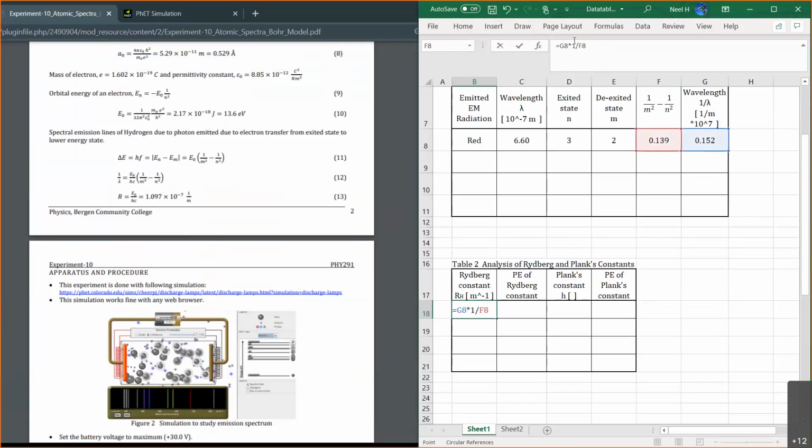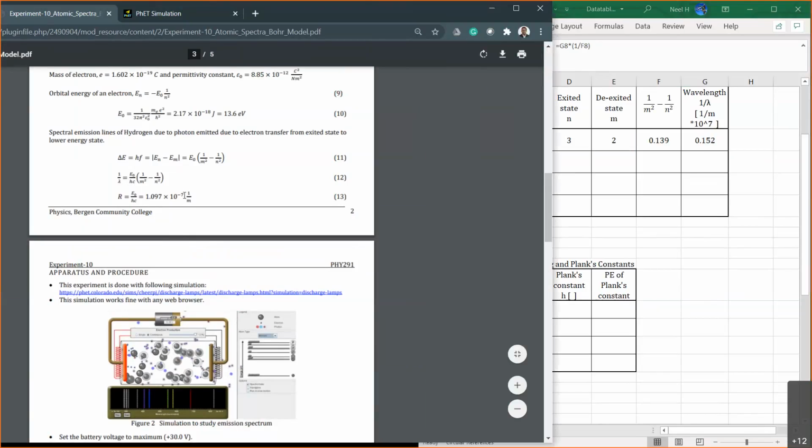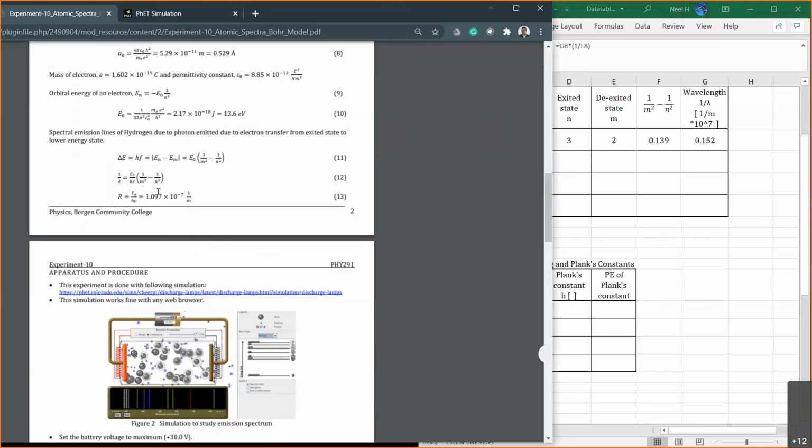Do parentheses here. Okay, 1.91. So in terms of the number we are expecting, we are fine. I think I made a mistake here. This should be 10 to the positive 7, because it's 1 over lambda here.